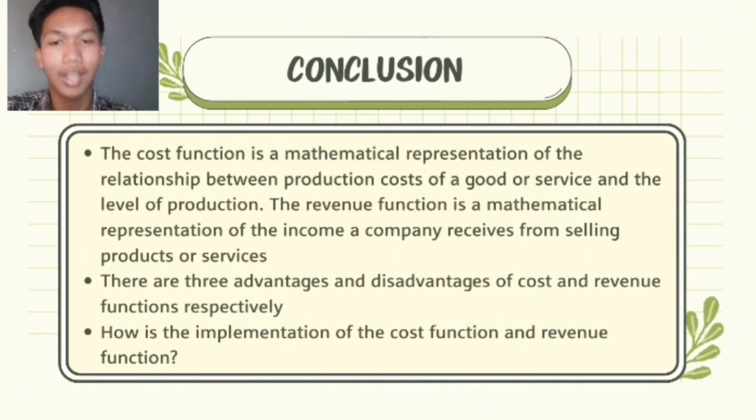And conclusion: the cost function is a mathematical representation of the relationship between the production cost of a good or service and the level of production. The revenue function is a mathematical representation of the income a company receives from selling products or services.